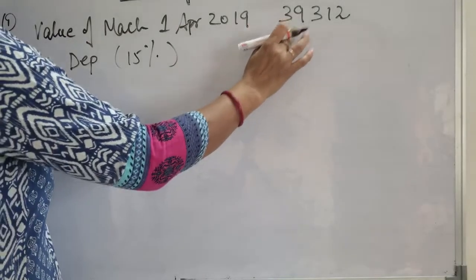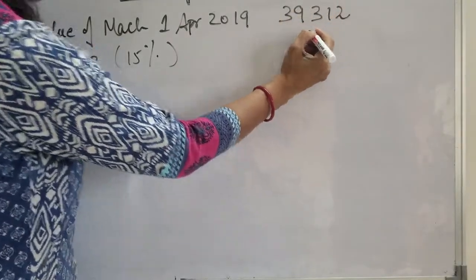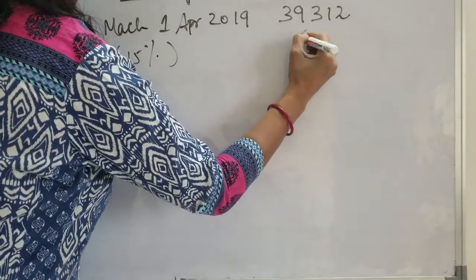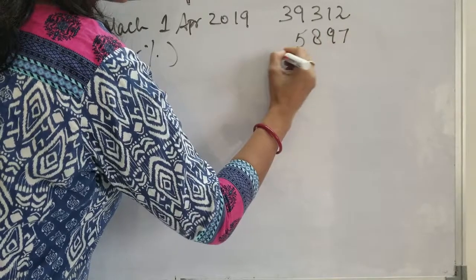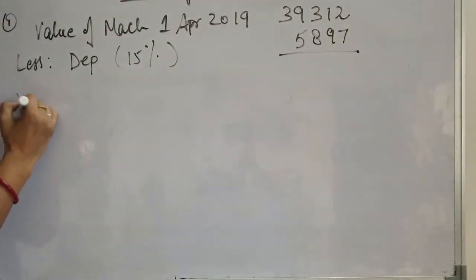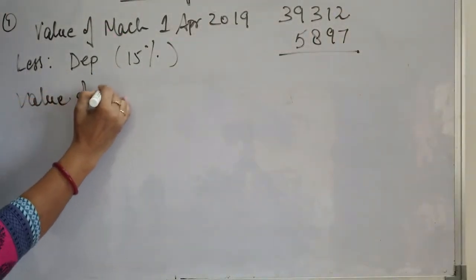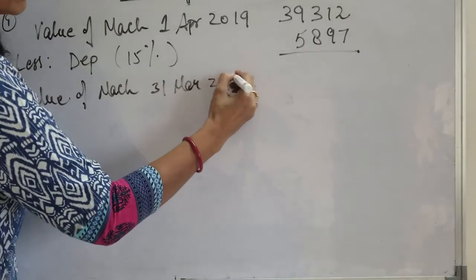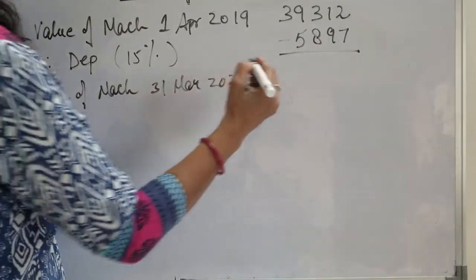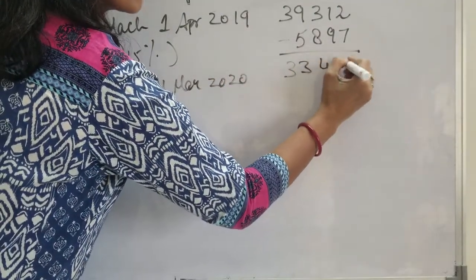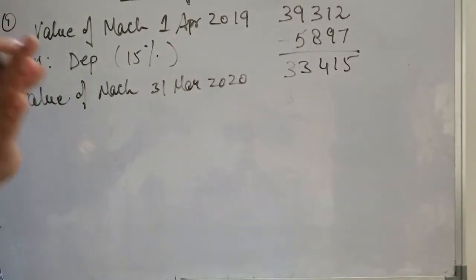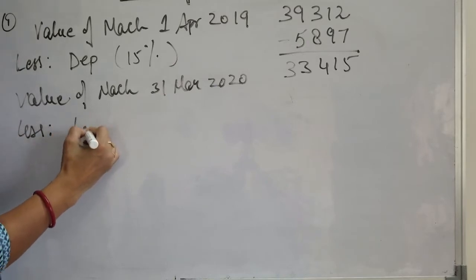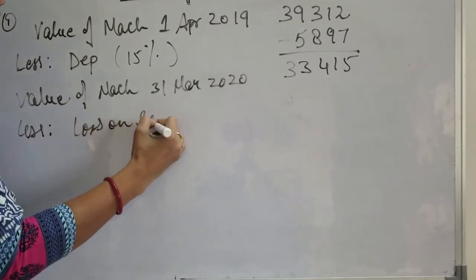So 15% of this 39,312 comes to 5,897, right? Now value of machinery on 31st March 2020, the date of sale of machinery, comes to 33,415, right?